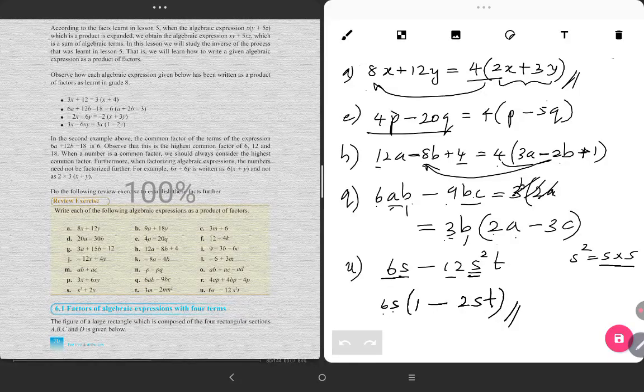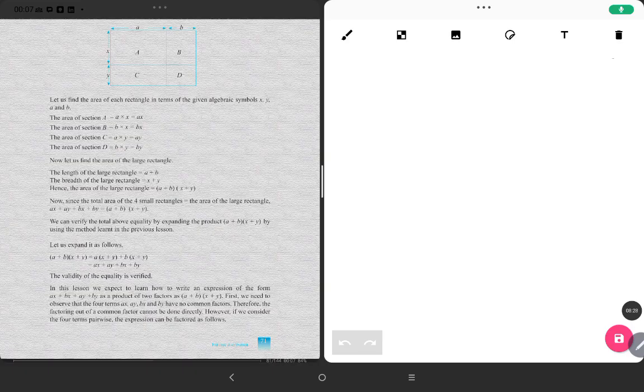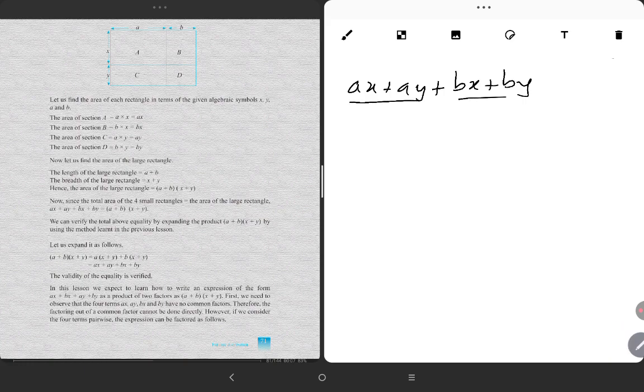Okay. And the next thing we are going to talk about is factors of algebraic expressions with 4 terms. So let's get into that very quickly. Looking at this example here, if we have something like ax plus ay plus bx plus by, the obvious thing is to look at these two and these two, because there seems to be a common value between these two terms, which is a.